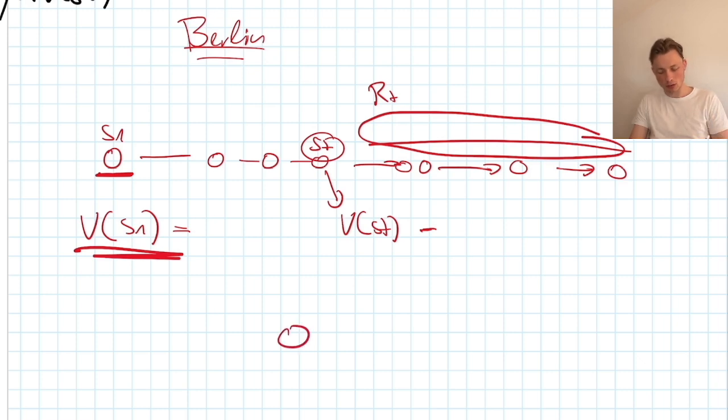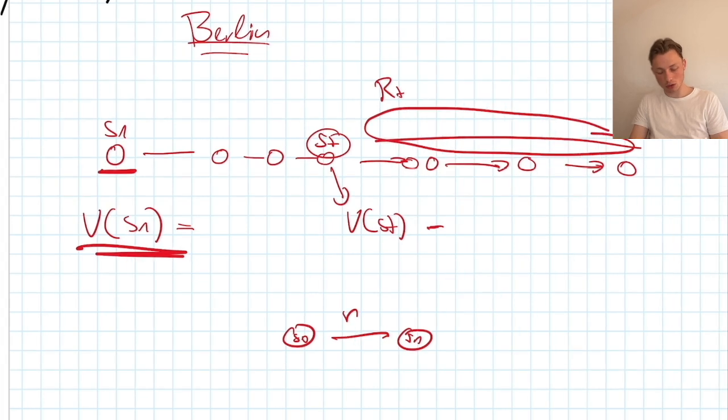So we make one step from state 0 to state 1, we get a reward, and so our target would look like this. We have the reward we get directly, plus the expected reward from the next state, so the expected value function from the next state, and also discounted.